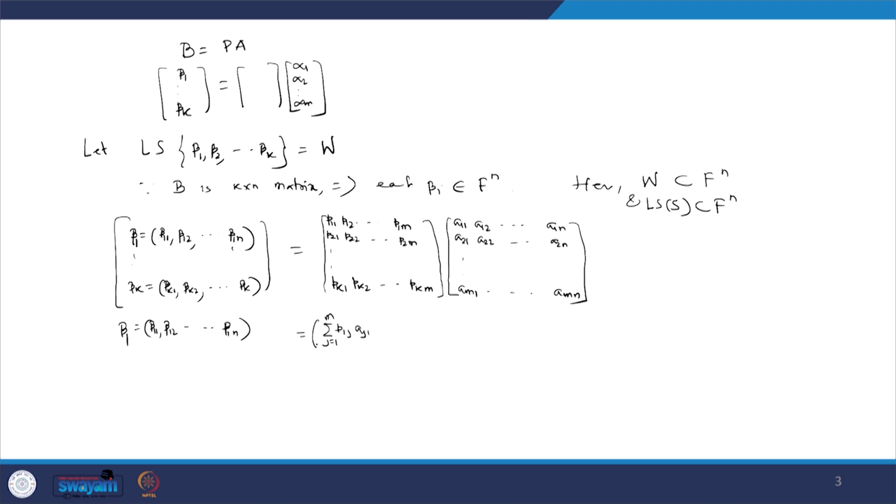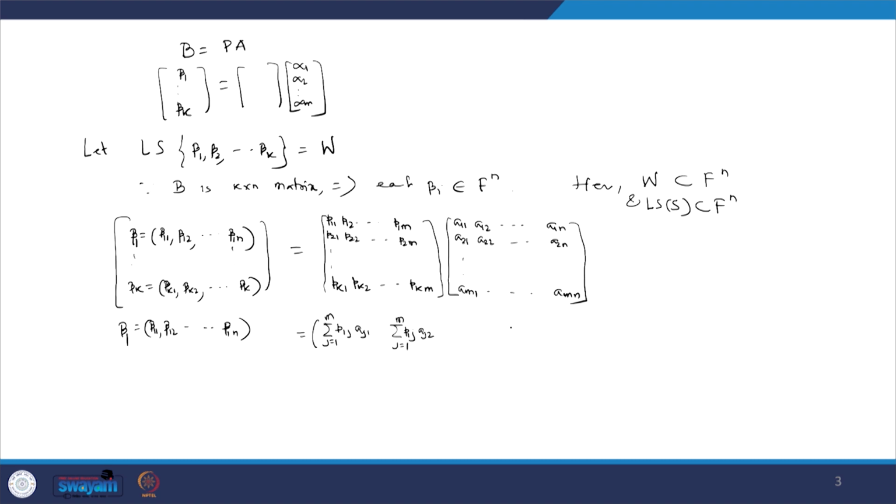The second entry is again sigma P1j Aj2, the first row multiplied by the second column, j equal to 1 to m.